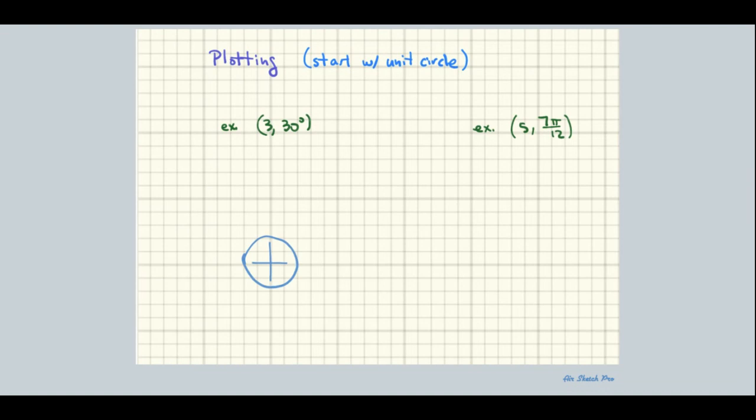From the unit circle, starting at the origin, draw a ray corresponding to the angle from the positive x-axis, corresponding to this theta. I'm looking at 30 degrees, so I'll come out 30 degrees. There's my ray.